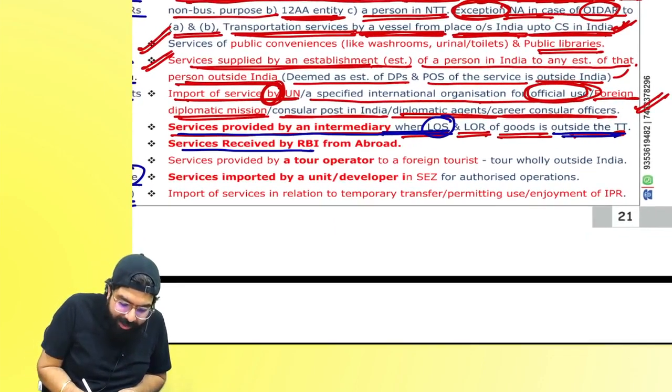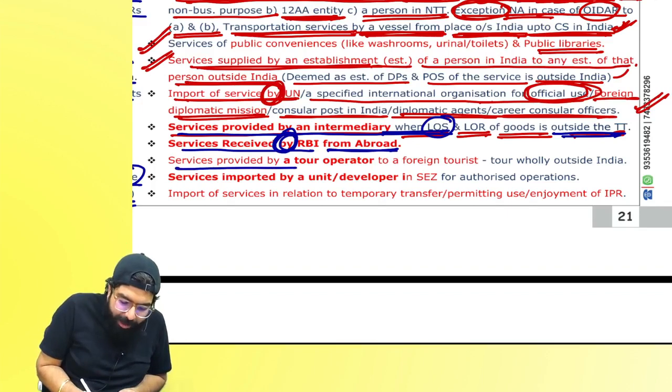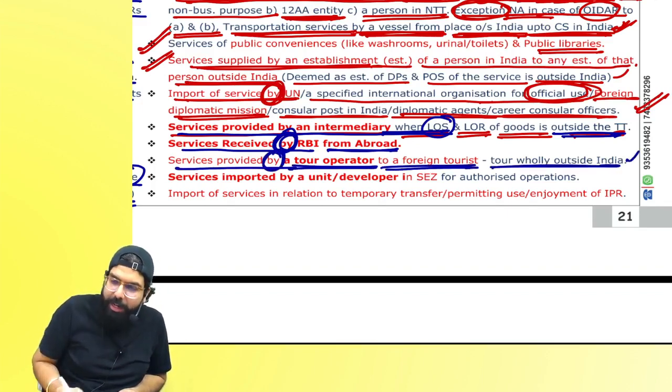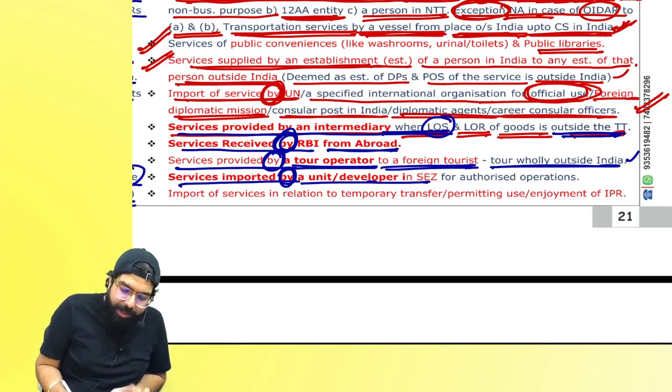Then services received by RBI from abroad is exempted. Services provided by a tour operator to a foreign tourist for a tour wholly outside India is also exempt. Services provided by a unit or developer of SEZ for authorized operation is also exempted.